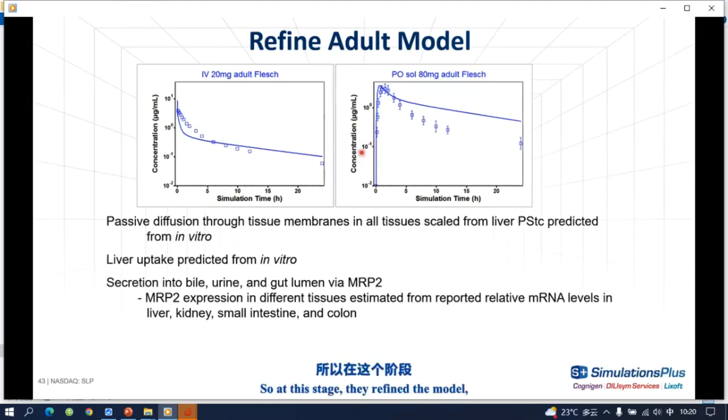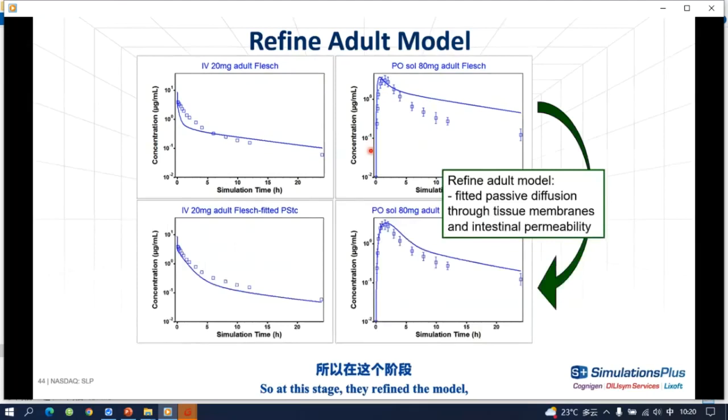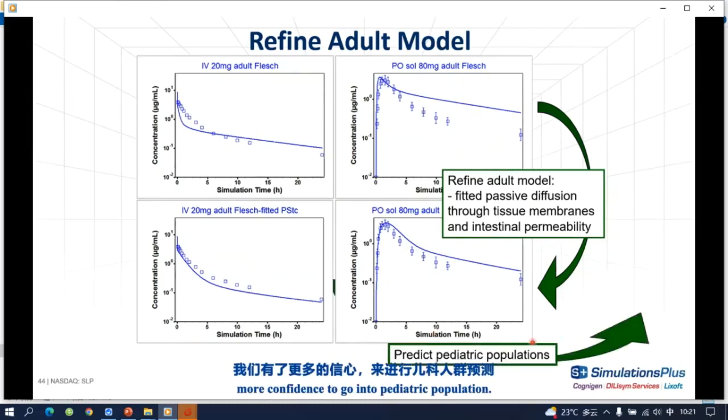Okay? So at this stage, we refined the model. We updated or refitted the passive diffusion through the tissue membranes and intestinal permeability to get the model that much better captures the shape for both IV as well as oral administration. And now we had a model that we would have more confidence to go into pediatric populations.